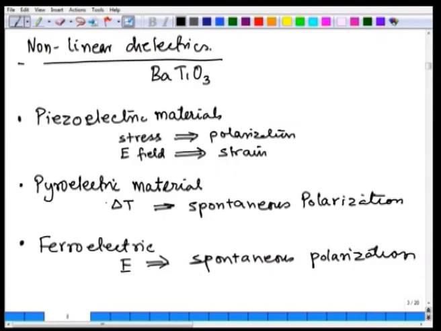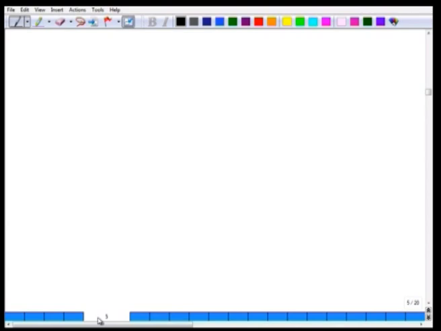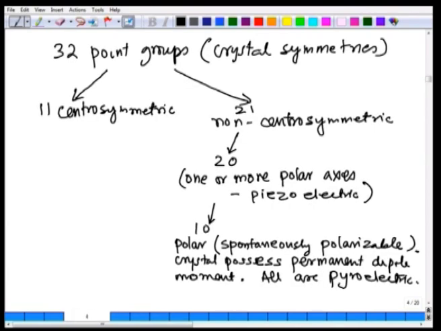Remember, you need spontaneous polarization for a pyroelectric material, and of course for ferroelectric also. Some of these are ferroelectric also. So, ferroelectrics are always pyroelectric, and all pyroelectrics are piezoelectric because they belong to these 20 point groups which are non-centrosymmetric.